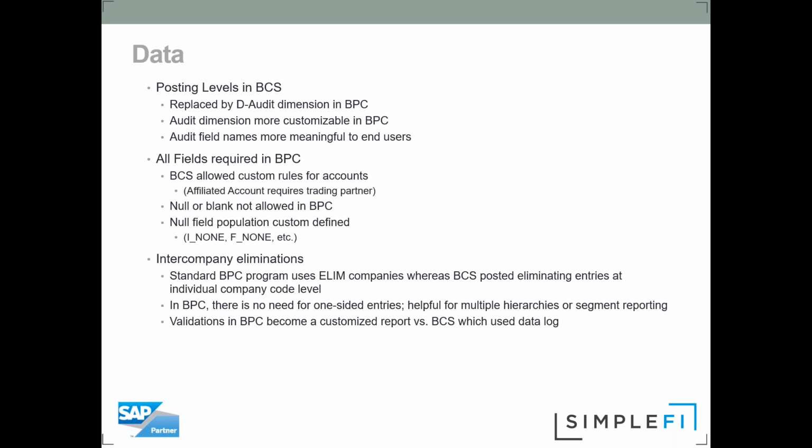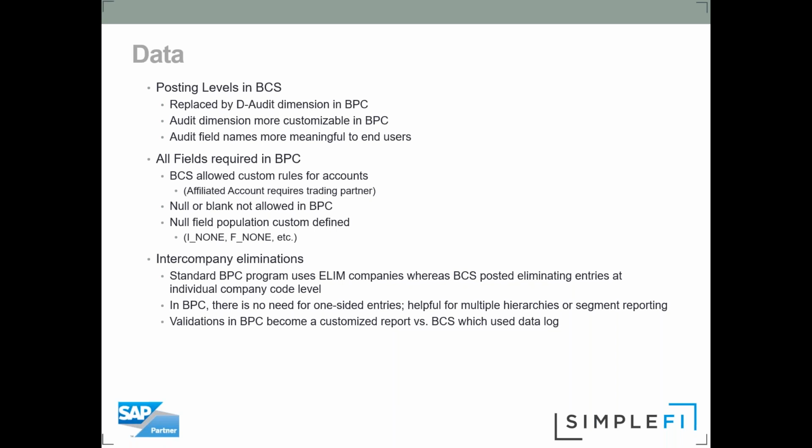What the audit dimension does is it's not rigid. Posting levels have their numbers and are assigned to what each one should be doing for you. Audit dimension is customizable. So you could create a source GL level, then you could have manual adjustments, and you could call it manual adjustment or manual ADJ as your ID.